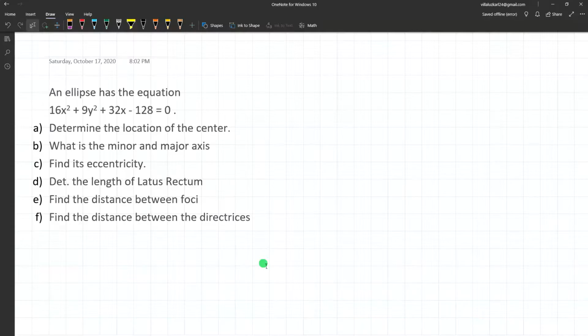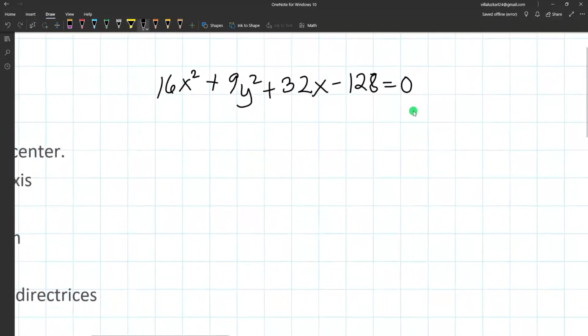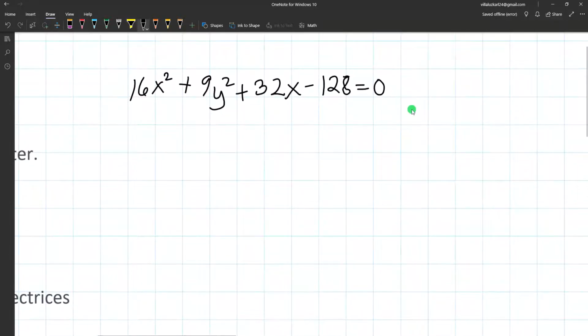Now, change first the general equation into the standard form. So we have 16x squared plus 9y squared plus 32x minus 128 equals 0. Let's change that to standard form.